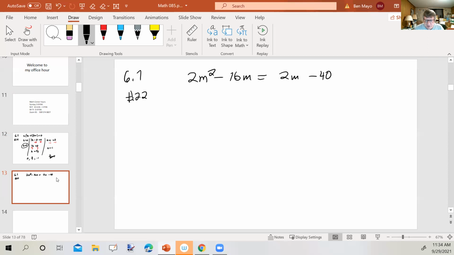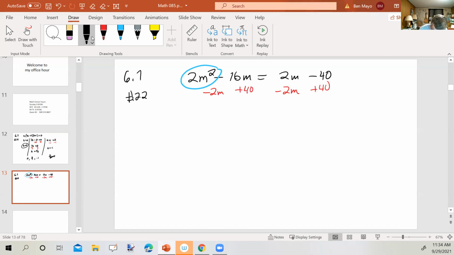It would be advantageous to have my leading coefficient positive. So since this is the term with a leading coefficient, I'm going to leave that on the left side of the equation, and I'm going to move everything from the right side of the equation over to the left. So I'm going to subtract 2m from both sides and add 40 to both sides of the equation.